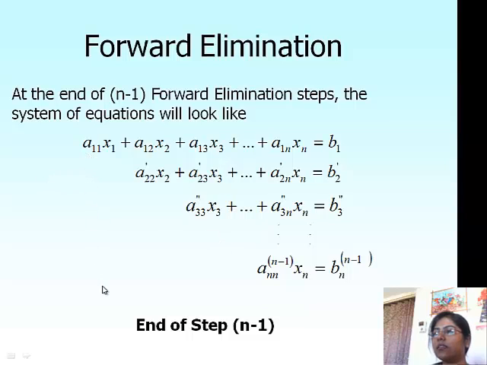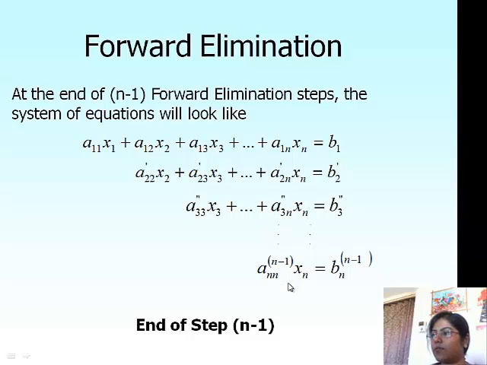You can see that the number of terms decreases with every step, first for the first step, second step, and then at the last, n minus 1 step, we have the equations as a11 x1 plus a12 x2 plus a13 x3 up till a1n xn equals b1, a22 dash x2 plus a23 dash x3 plus a2n dash xn equals b2 dash, a33 double dash x3 plus a3n double dash xn equals b3 double dash.